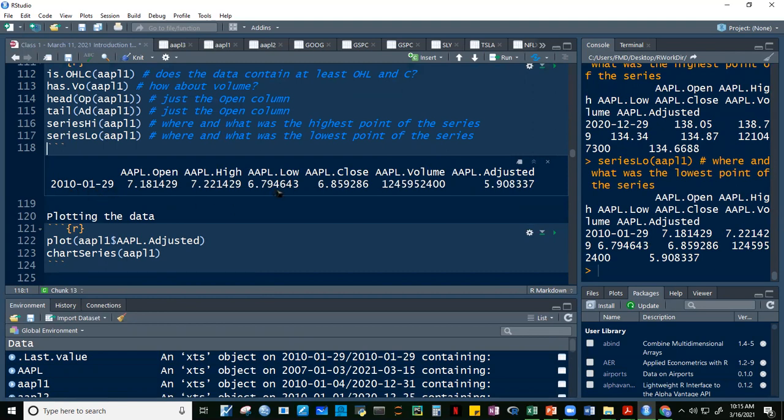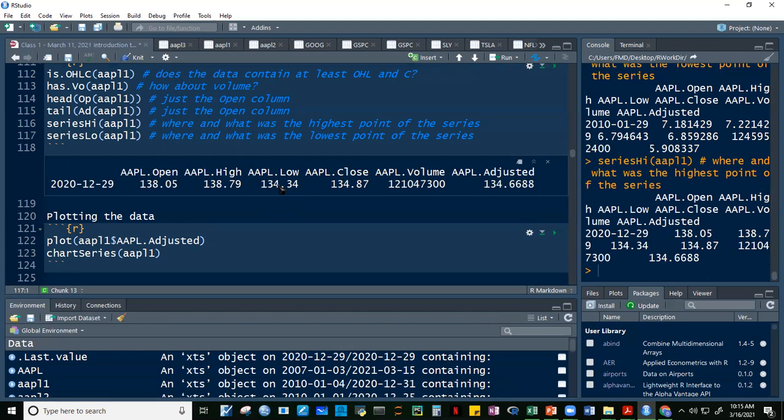Its lowest is 6.79. So imagine, in 2010 Apple's price was 6.79. Now it's 134, no? 138 was the highest. After about 10 years, 11 years, Apple's price really went up.